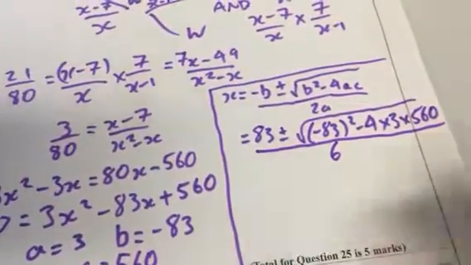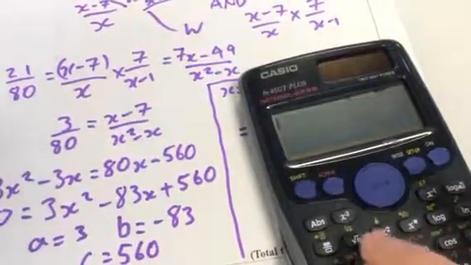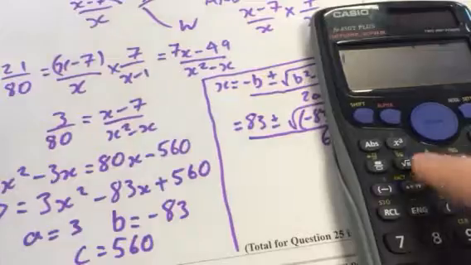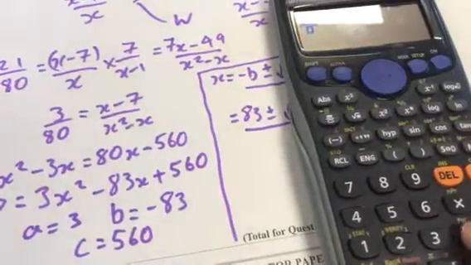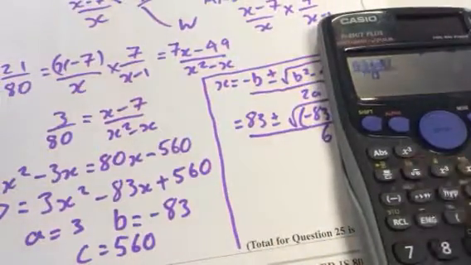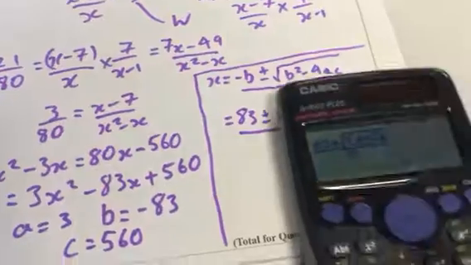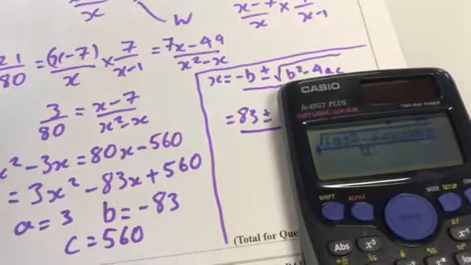Now, for space on the page here, but also because it's a calculator paper and we can use our calculator, I could set it all up. I go 83 plus the square root, just using brackets here, 83 squared because I don't need to worry about the sign there, minus 4 times 3 times 560.